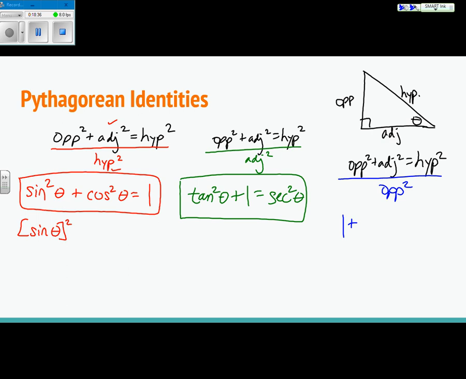Adjacent divided by opposite, that's my cotangent, absolutely. And then finally, we got a weird one, hypotenuse divided by opposite. CSC, cosecant. I suddenly went to x's on this. You can act like they're thetas, x's, doesn't matter. There we go.